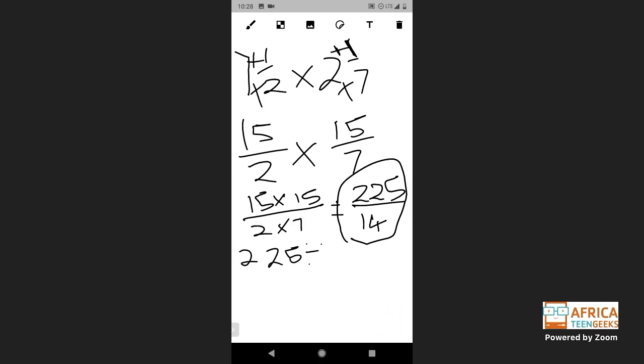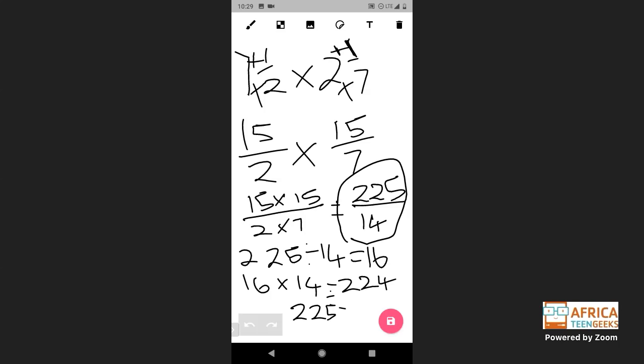So we'll say 16 multiplied by 14, which is 224, and then we'll have 225 minus 224. Our remaining answer will be 1.